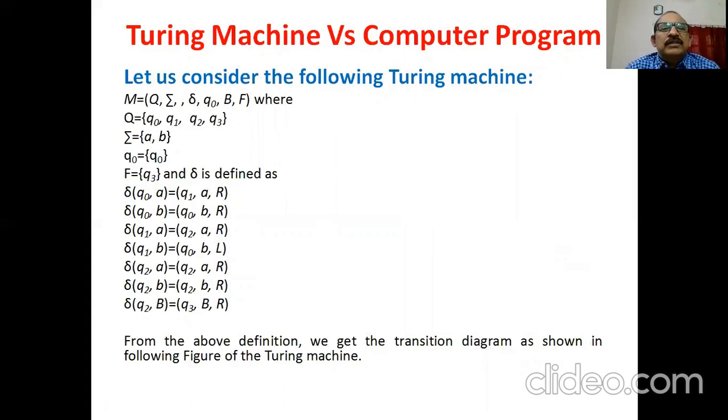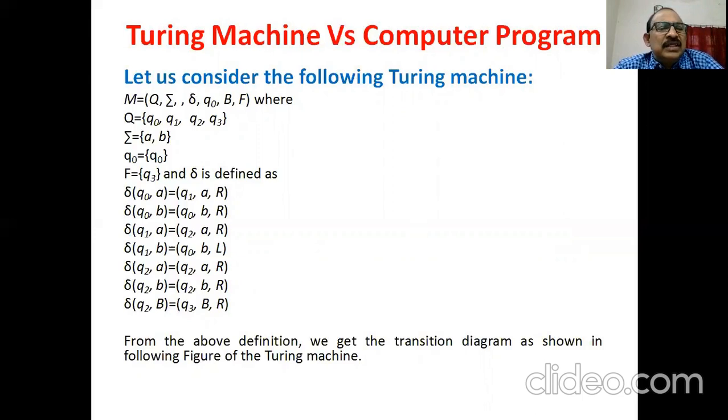Last discussion point is Turing machine and a computer program. Let us consider the following Turing machine. This Turing machine has 4 states: Q0, Q1, Q2, Q3. Sigma is AB.